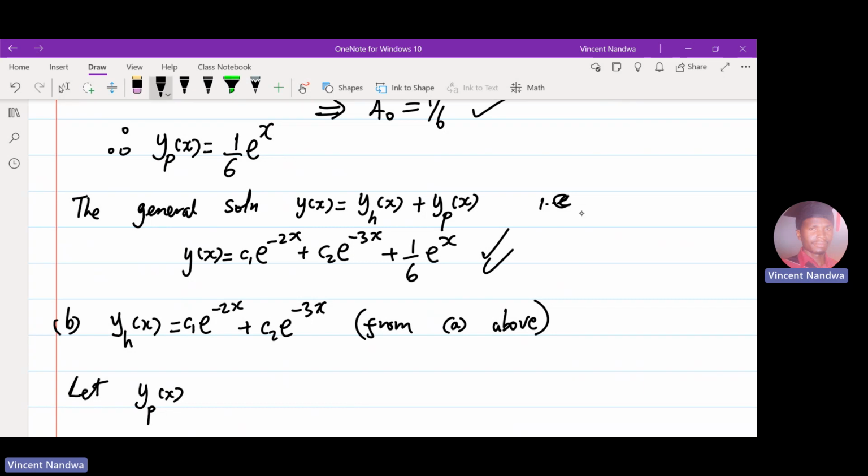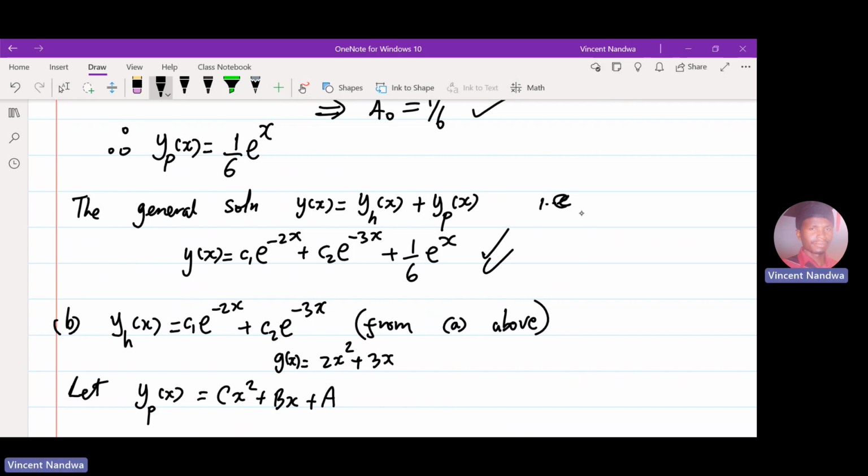Two x squared, okay, so say x squared plus bx plus a, okay? Remember the g function for this case is 2x squared plus 3x.